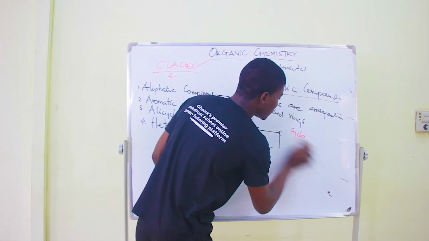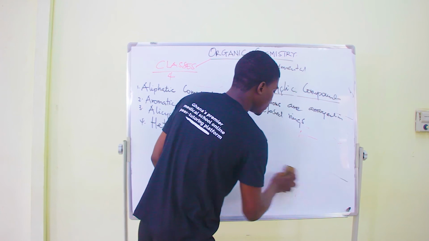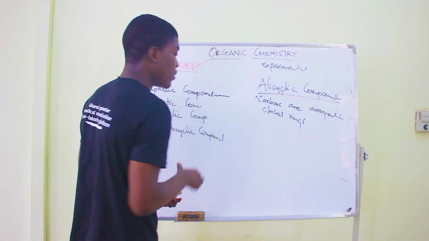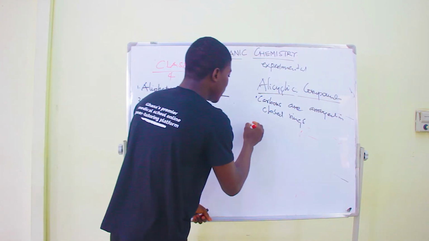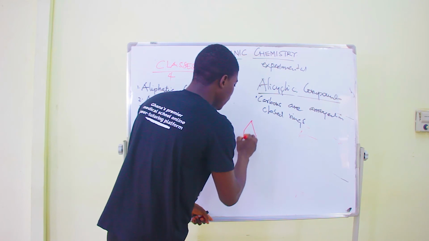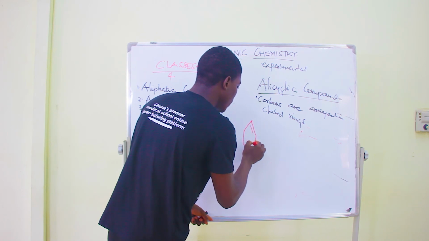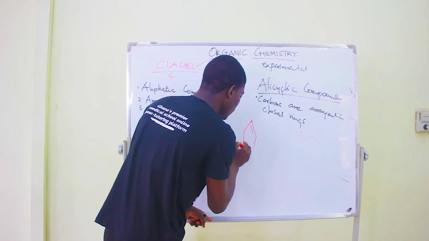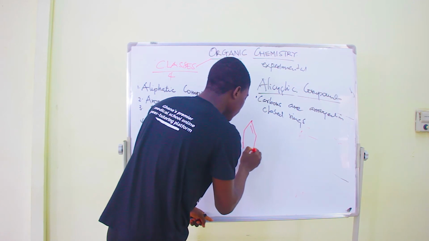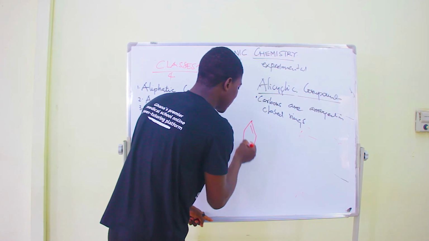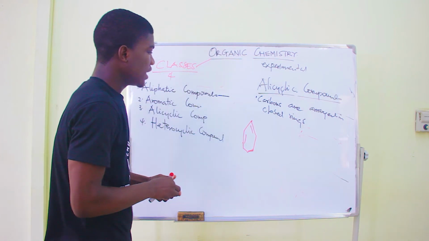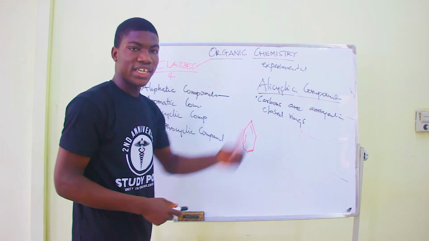Now let me give you an example. Because we were looking at aromatic compounds, I didn't draw this structure for benzene, and I think some of you get confused. This structure is actually an alicyclic compound.